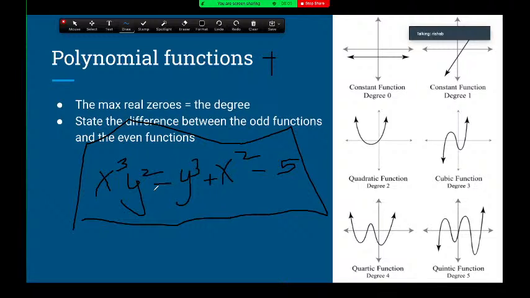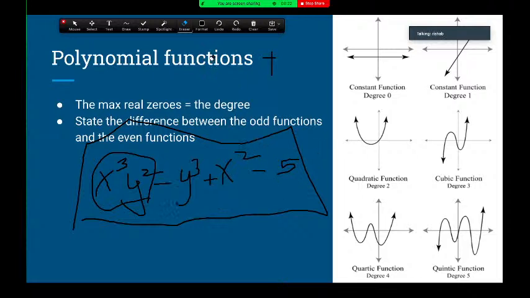There can only be multiplication or division. So this right here is a term. Even though these two are getting multiplied, this is still one term because there's no addition in between them. These two are not one term because there's an addition over there. So that's basically what terms are.